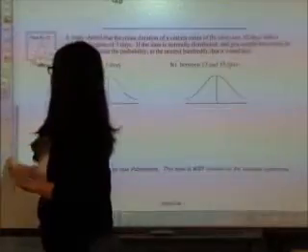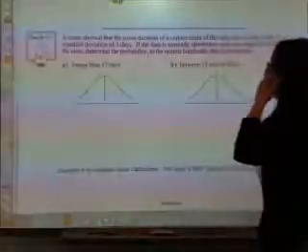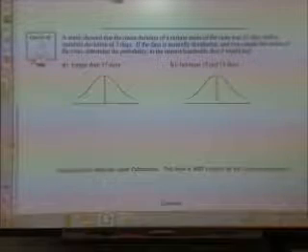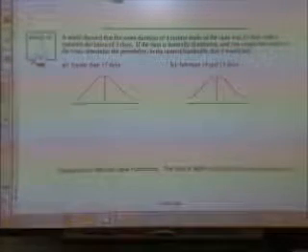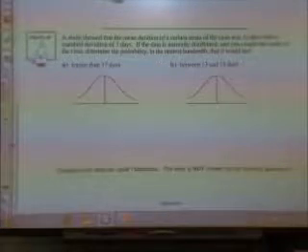Okay, so look at class example number 2. A certain strain of the flu is determined to have a mean of 12 days and a standard deviation of 3 days. If we suppose that the data is normally distributed and you caught this strain of the flu, what is the probability that the flu is going to last more than 17 days?